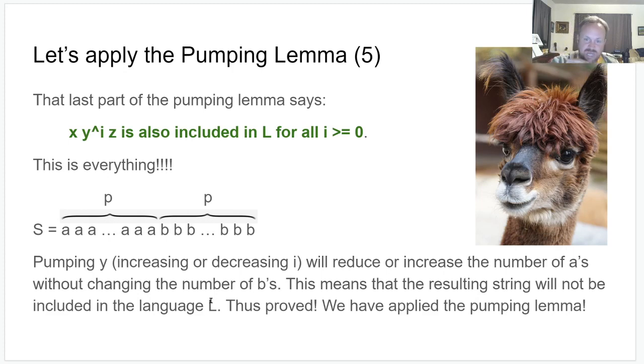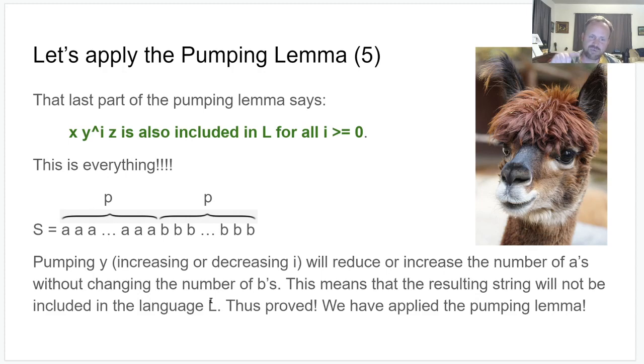And Y, we get to change the number of instances of Y. So it'll be X, however many that was, then Y to the i, which would say it's 0, and then Z. Well, whenever we take out Y, it changes the string.